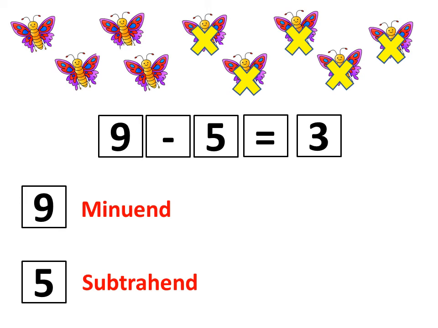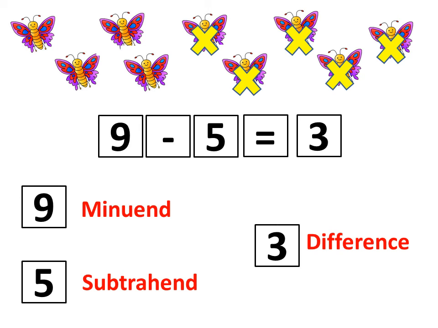Because subtrahend is the number being removed. So you will count the objects that are being removed. And the difference or the answer in subtraction is number 3. Very good.